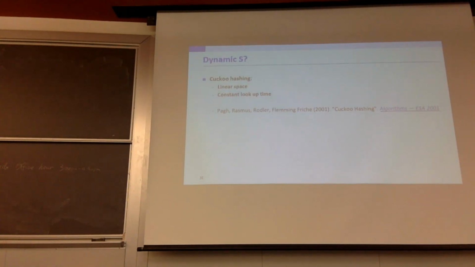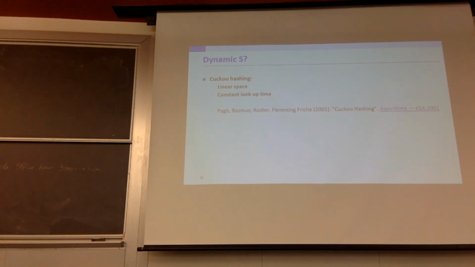And I think the time is almost up. Okay, so the last thing is, what if you have a dynamic S? If you have a static S, of course you can construct perfect hashing easily. But if S is not given ahead of time, or you can have insertions and deletions all the time, then those techniques don't work at all, right? Perfect hashing doesn't.